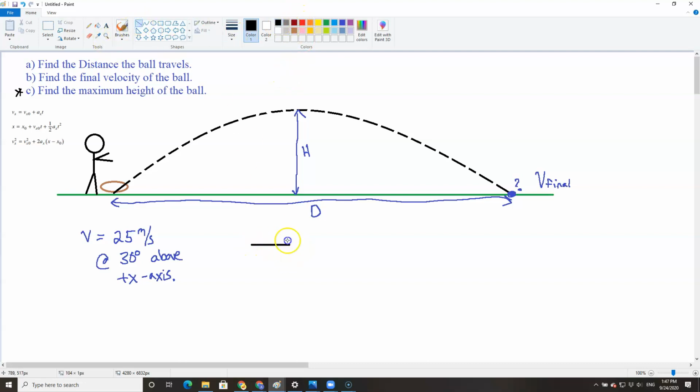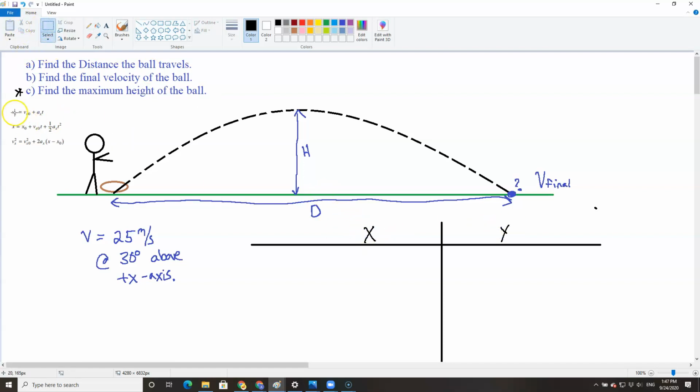Now, what we're going to need to do for the other two problems is split our information up into x and y. I want to talk about really quickly how these equations are going to come into play. There is no acceleration for the x direction, and because of that, as far as the x is concerned, the first equation is now useless.